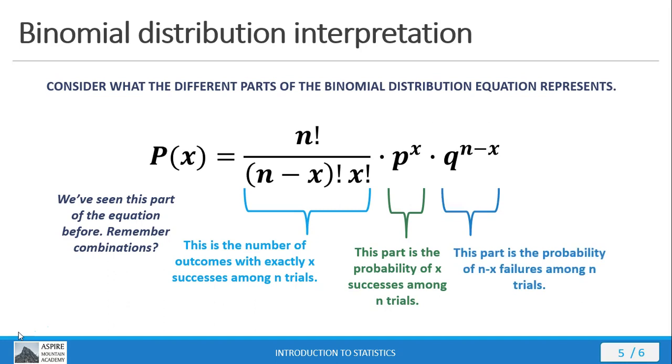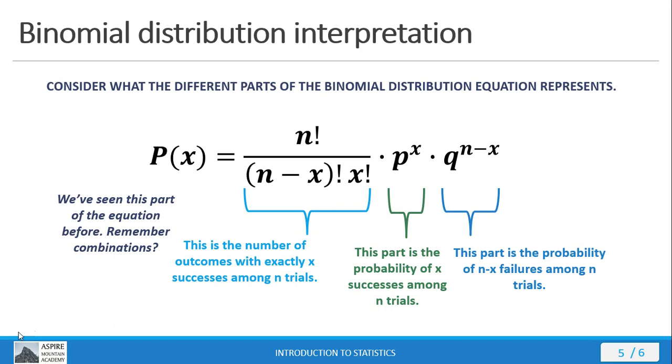And then this final part of the equation is the probability of the number of failures among n trials. Of course, everything's either a success or a failure, so x number of successes would then mean n minus x number of failures.